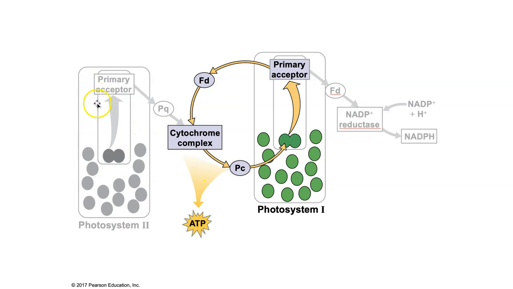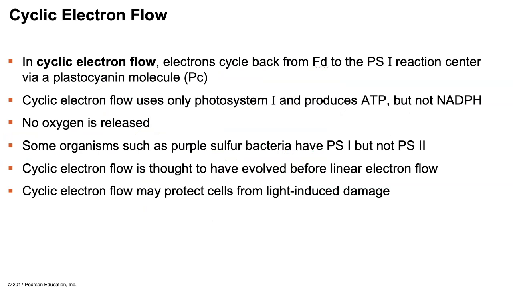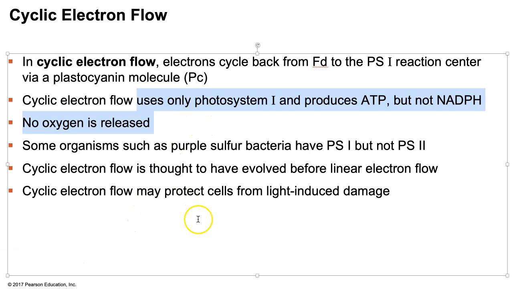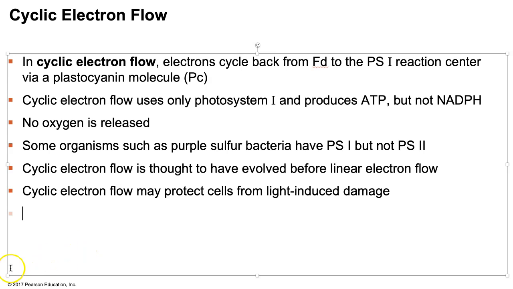Not all organisms have both of these. And cyclic electron flow is thought to have evolved before linear electron flow, and it may protect cells from light-induced damage. So that's just a little adaptation there. And be sure that you know the difference between linear versus cyclic, particularly with what's created, and what's used and what's not used. That's a good one to know.